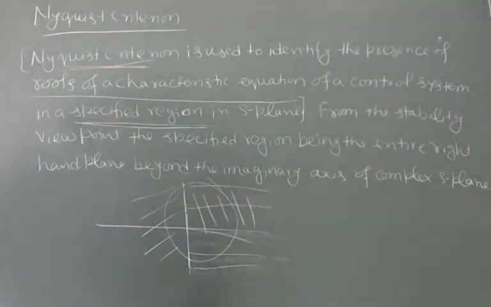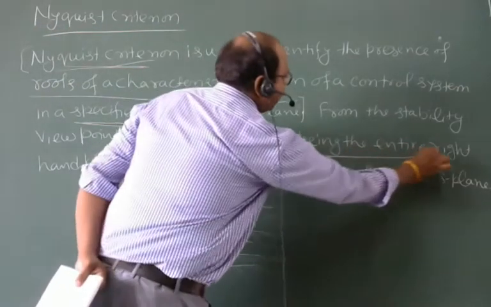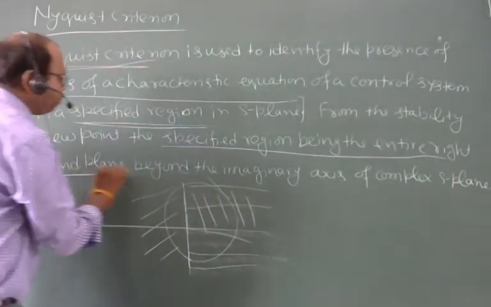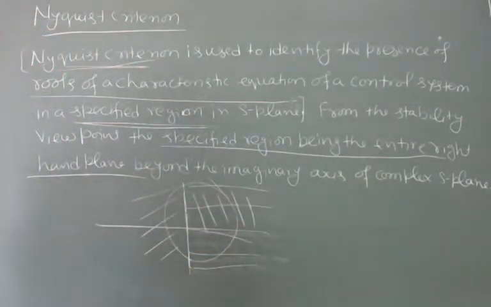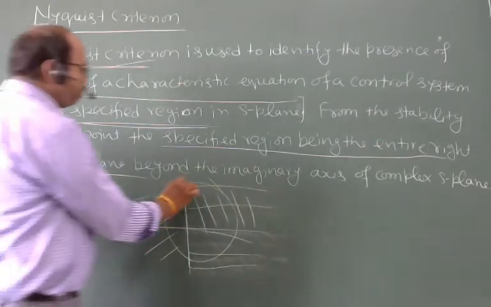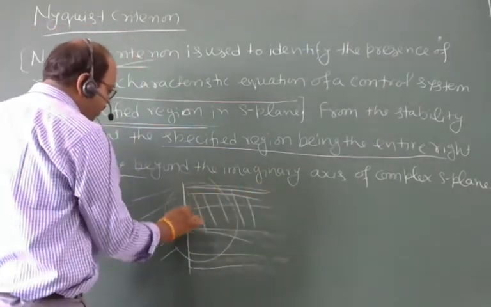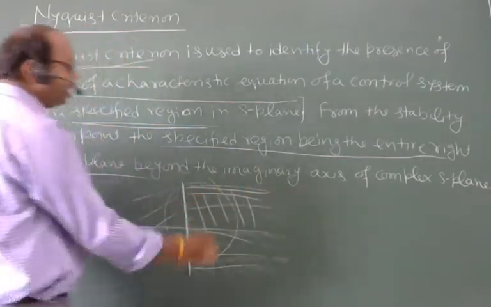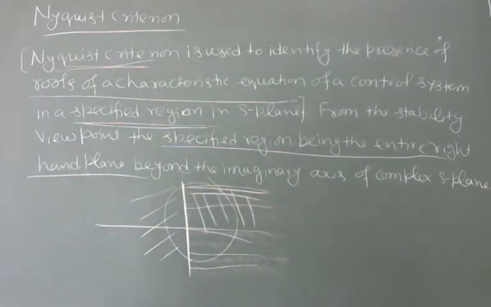So, from the stability point of view, the specified region is the entire right hand plane beyond this imaginary axis of the complex S plane.